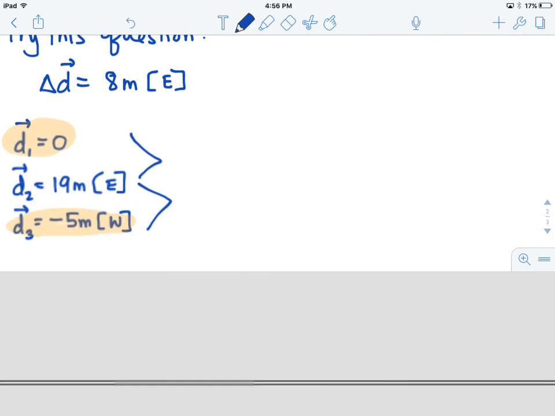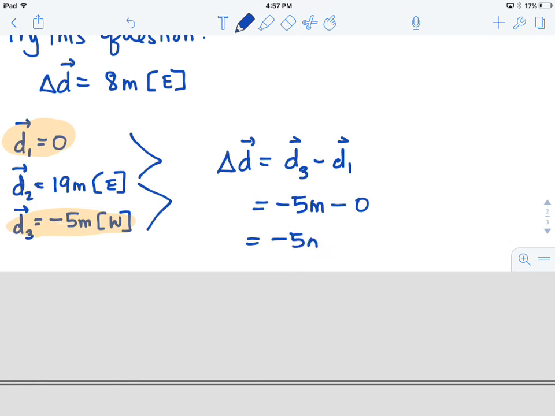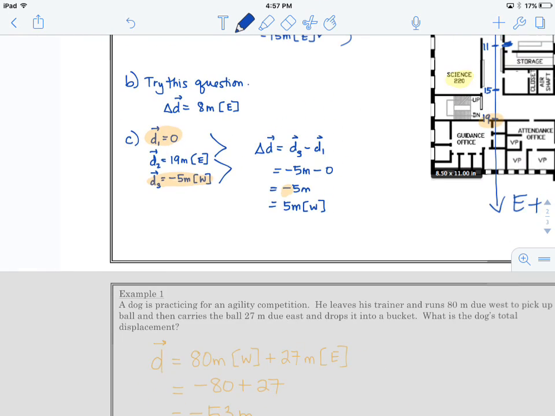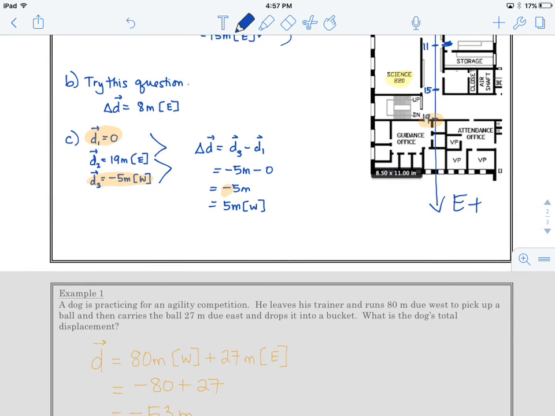So we're going to do the displacement part first. We're going to say minus 5 meters minus 0, because that's where we started. And so we get minus 5 meters is our displacement. And the negative right here indicates, oh, wait a second, we said that west was negative, so this means 5 meters west.